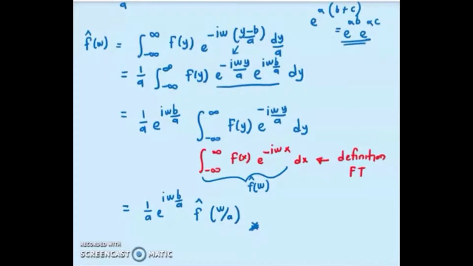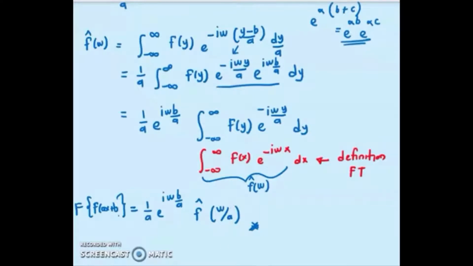So I have shown you that the Fourier transform of f(ax plus b) equals 1 over a, e to the i omega b over a, and so on. So this is by definition.